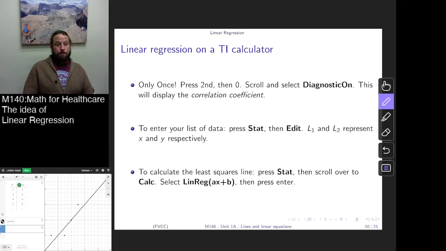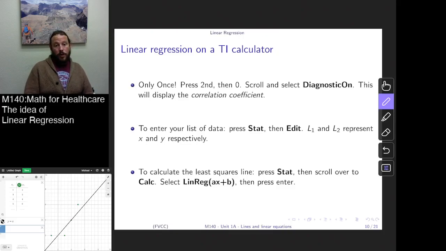All right. So that's why I find Desmos to be a much nicer spot to do regression. Not only can you see the scatter plot much more easily, but you also have the capability to cut and paste tables of data from some kind of Google Sheet or Excel file.